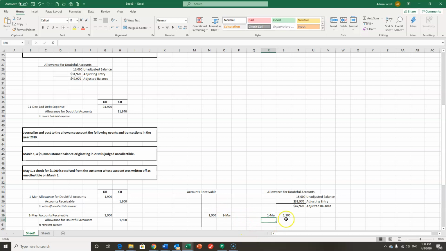This is a debit to allowance for doubtful accounts and a credit to accounts receivable for $1,900. That's simple. That's just writing off the account.